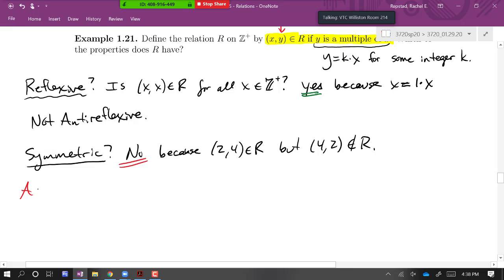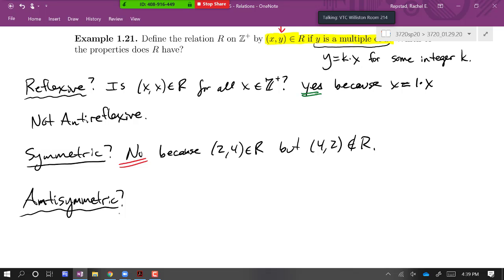So this next one is anti-symmetric. Is it anti-symmetric? Anti-symmetry means you can't have any symmetry at all.